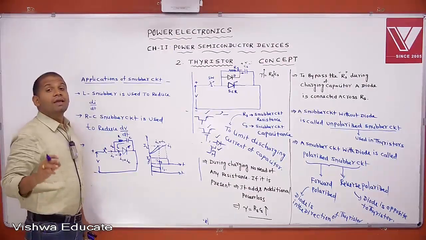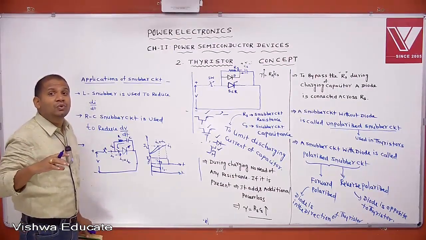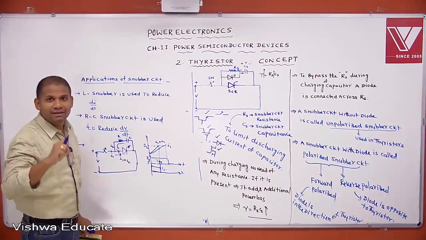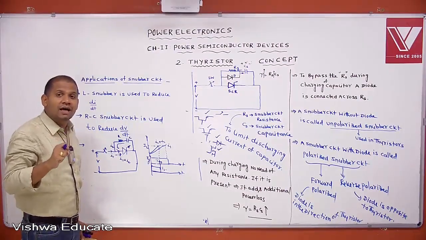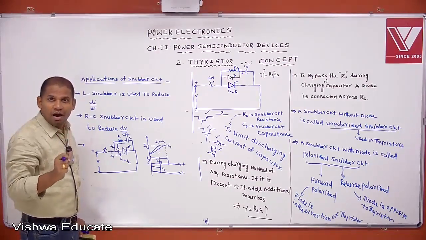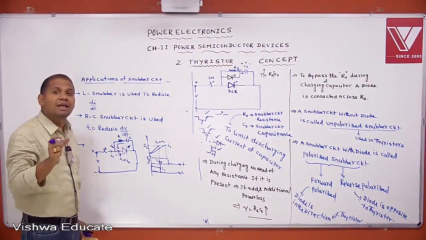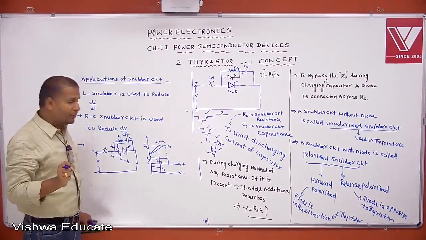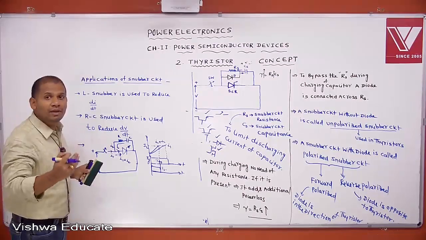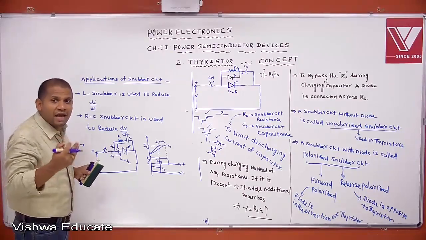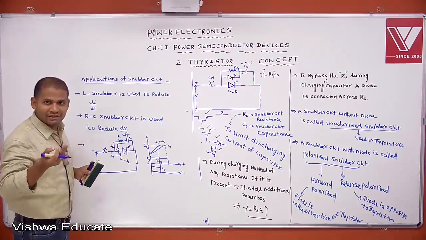That means an RC snubber circuit improves the turn on trajectory. It improves the turn on trajectory and reduces the gate signal on period and the gate signal requirement. That means within less time the thyristor will be turned on. Within less time the thyristor reaches the latching current.